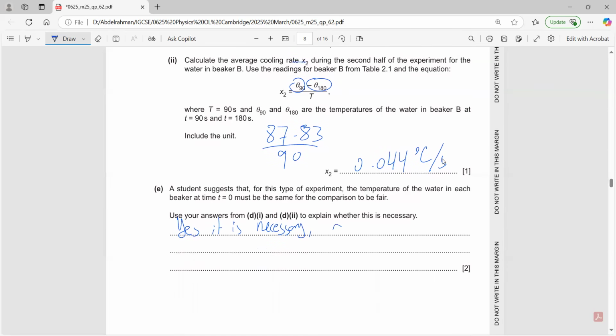So as the temperature of the water decreases, the rate of cooling also decreases.